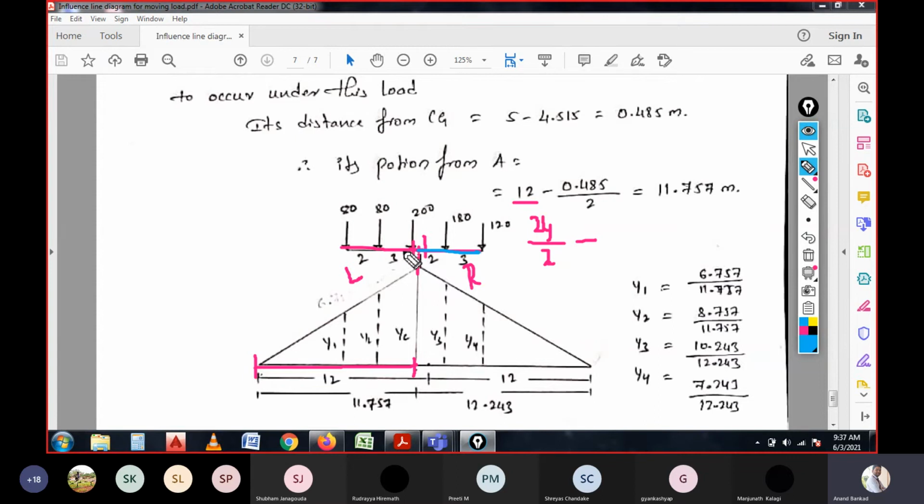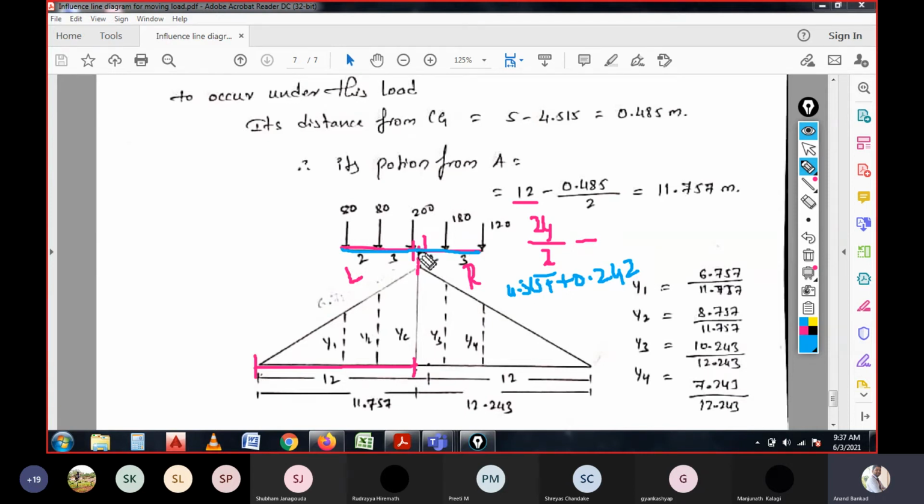Let me write it over here. So here it is a total of 4.515, plus half of this one, 0.485, that is plus 0.242. So 4.515 plus 0.242 gives 4.757, which is the total distance from here to here.